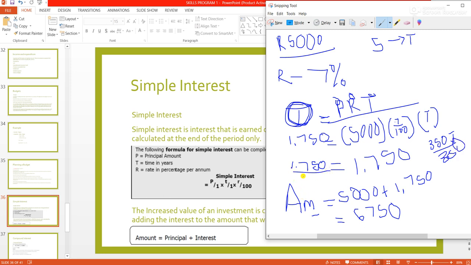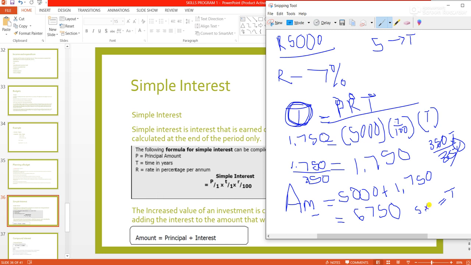You divide everything by 350 on both sides. 350 cancels 350, and you're left with T, and your answer is 1,750 divided by 350, which gives you 5.